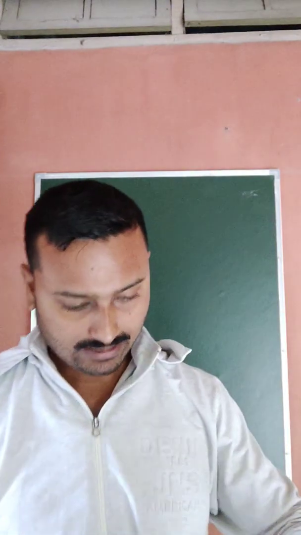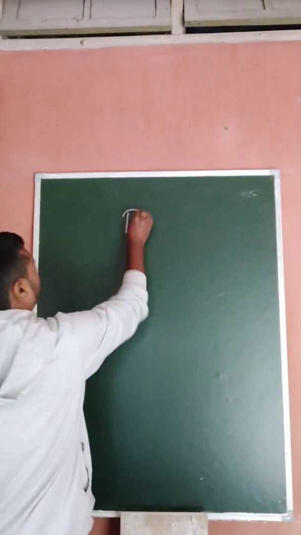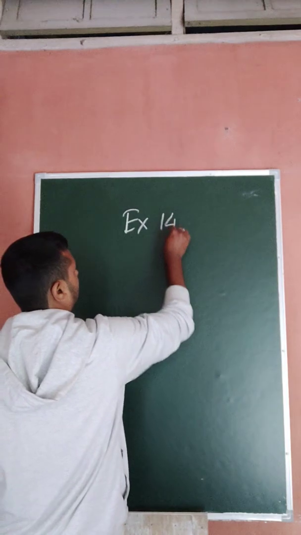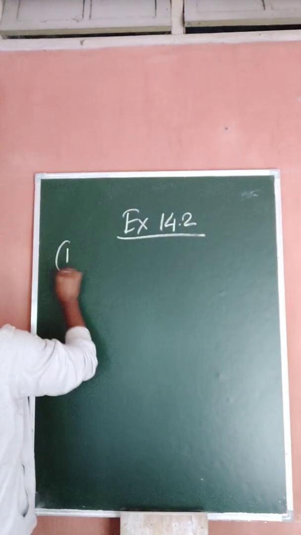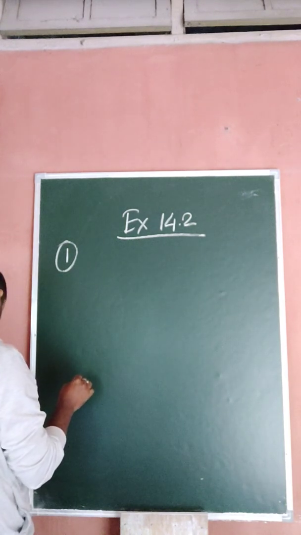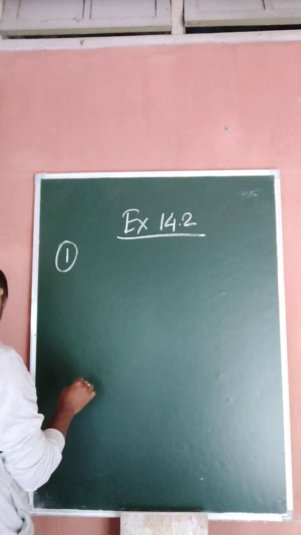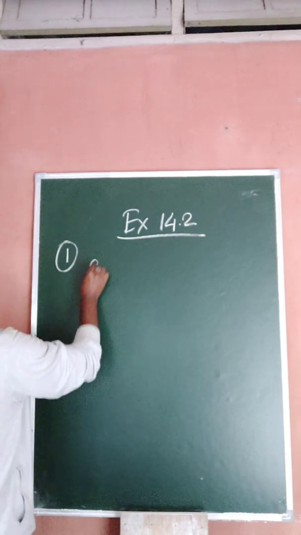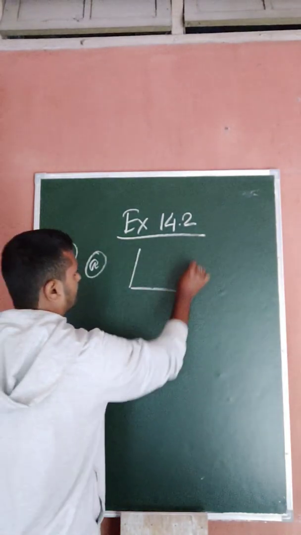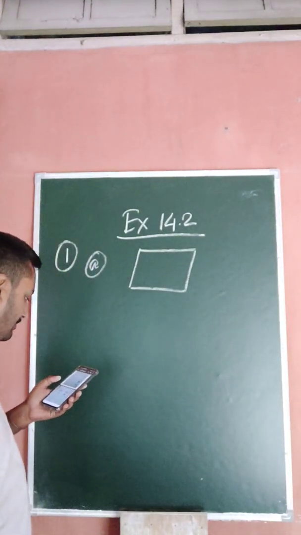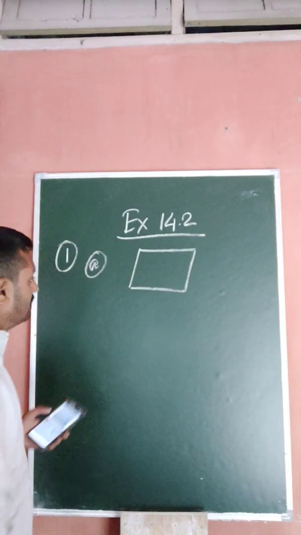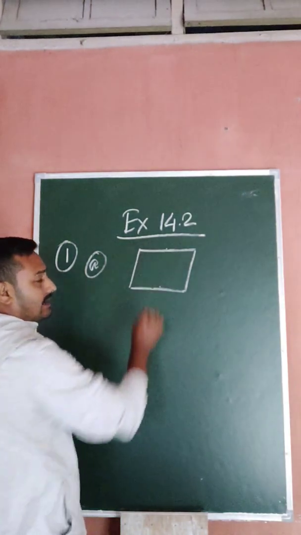So come to exercise 14.2. Question number 1, you have to classify, write the type of the quadrilateral on the basis of the following figures. Question A, the figure is like this. Okay, so this one is a parallelogram. Opposite pairs are parallel and equal.